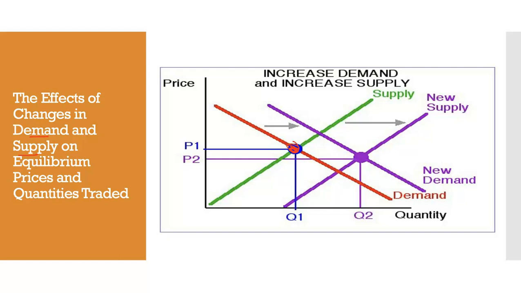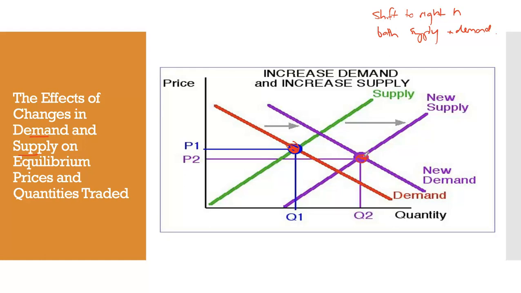In this case, we have a shift to the right in both supply and demand. So supply and demand have both gone up. As a result, the new equilibrium price has occurred here.